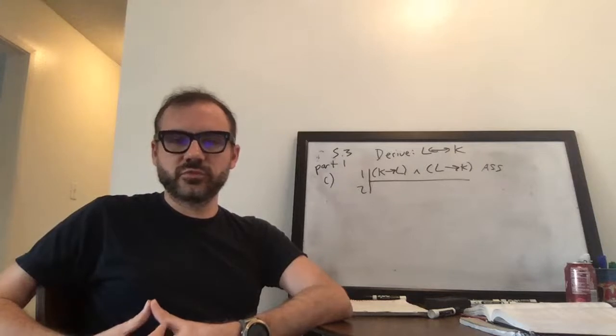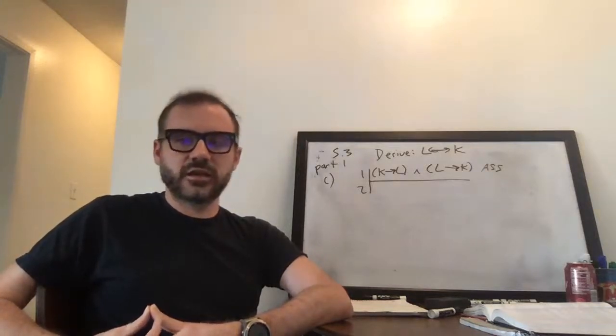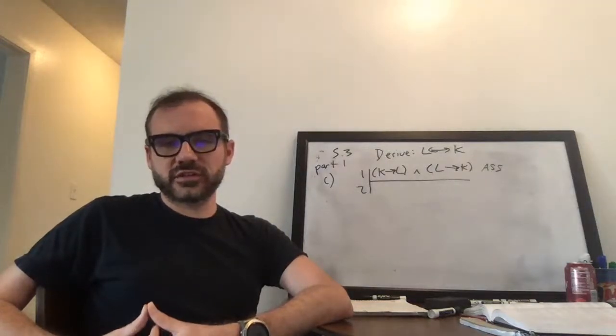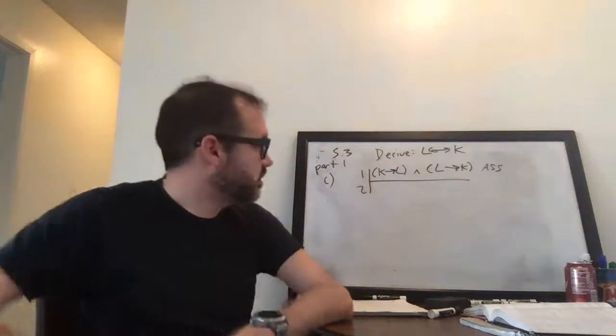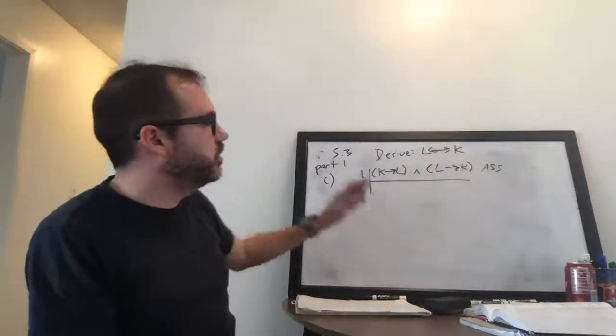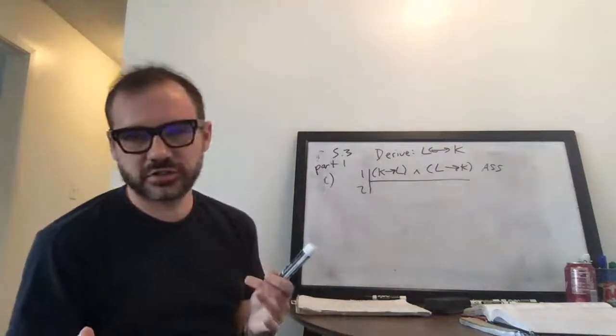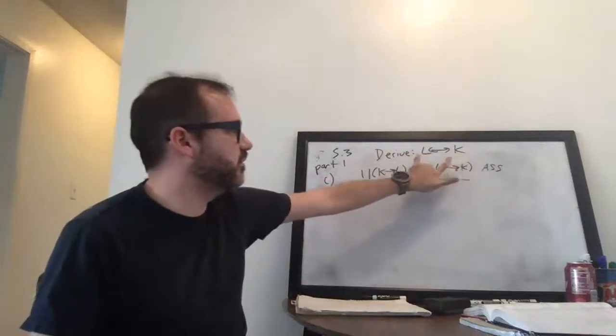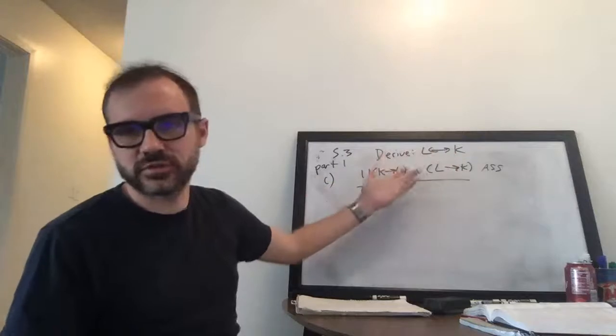A person assumes what part of a sentence in order to get to what? Okay, so Jessica, you say assume L for biconditional introduction. Yes, when you have biconditional introduction, everybody, you assume one of the two sides of the desired biconditional, typically the left.